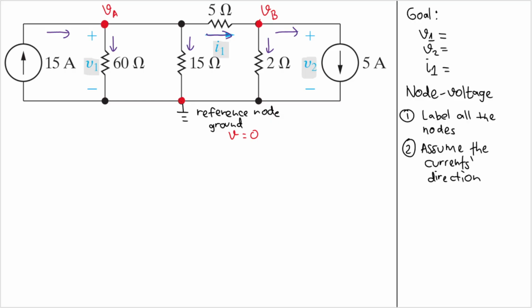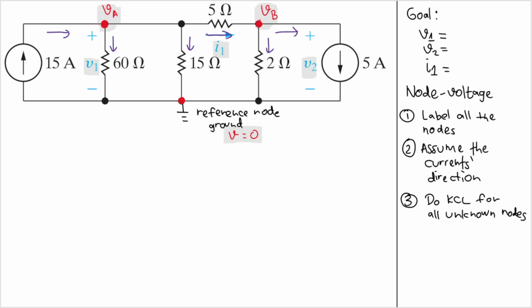Okay, now what can we do next? We need to do KCL for all unknown nodes. In this case, we have two unknown nodes, right? VA and VB. We already know the reference ground, which is 0 here. So we only need to do two KCLs, at VA and at VB.